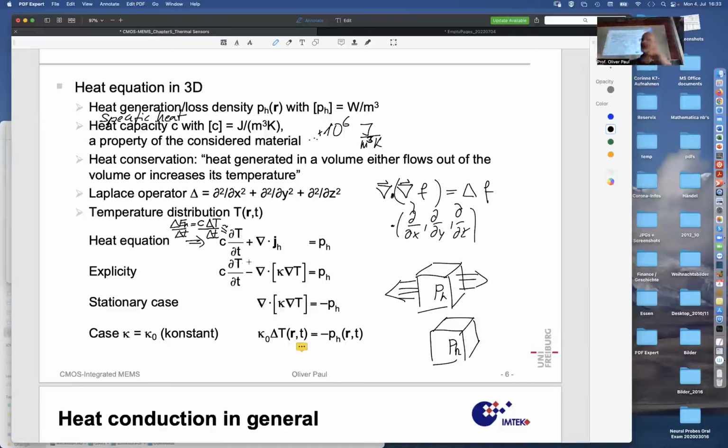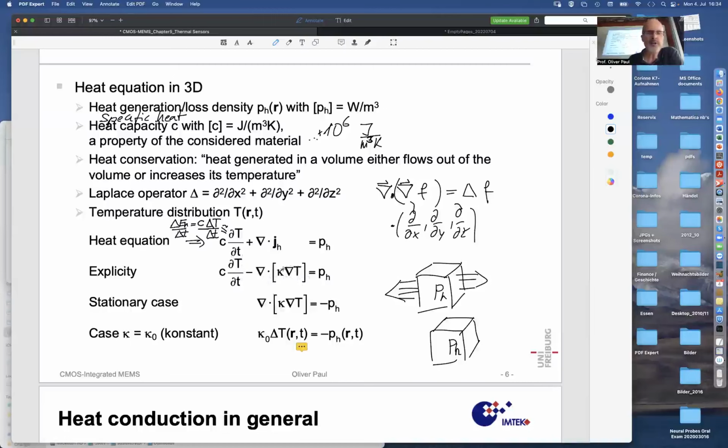Now, in reality, both effects are always concurrent, and therefore we usually have a complicated problem to solve, a differential equation. So if I replace JH by what we just saw before, namely kappa gradient of T, I will obtain an equation that looks like this.